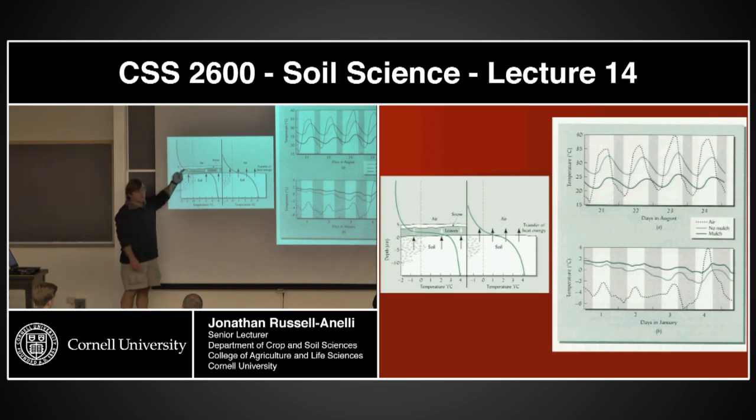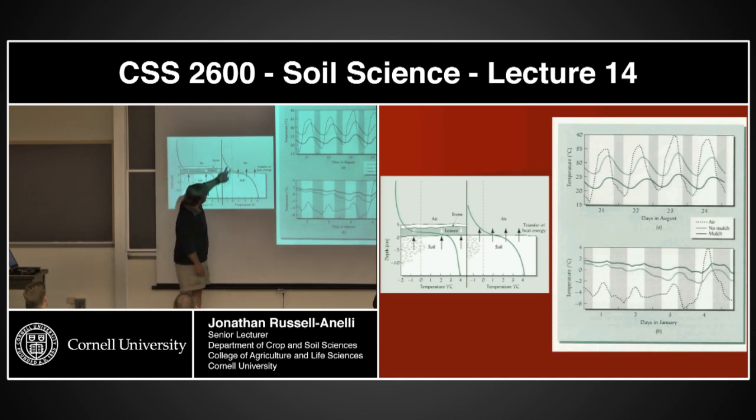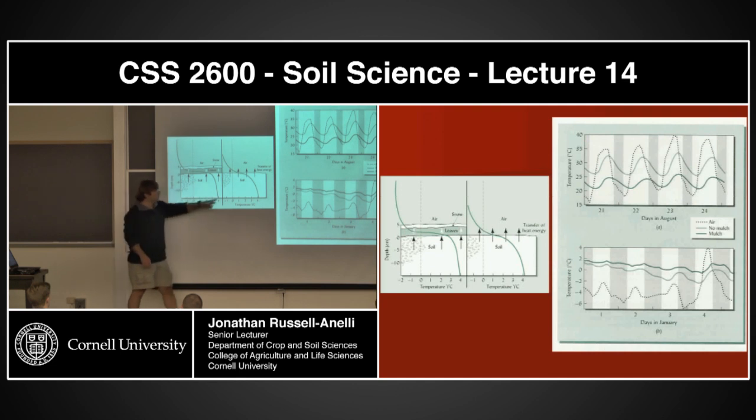This one, in fact, has snow on the surface. This one doesn't. Well, look at where the temperature line hits the surface here. In this case, right here, it's at 1 degree. In this case, when it hits the surface, it's at -1. Well, what's happening? This surface is definitely warmer than this surface. So what direction is the heat going?